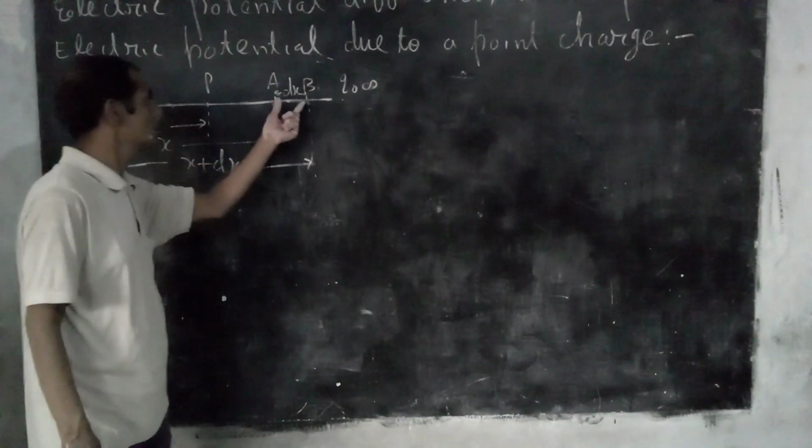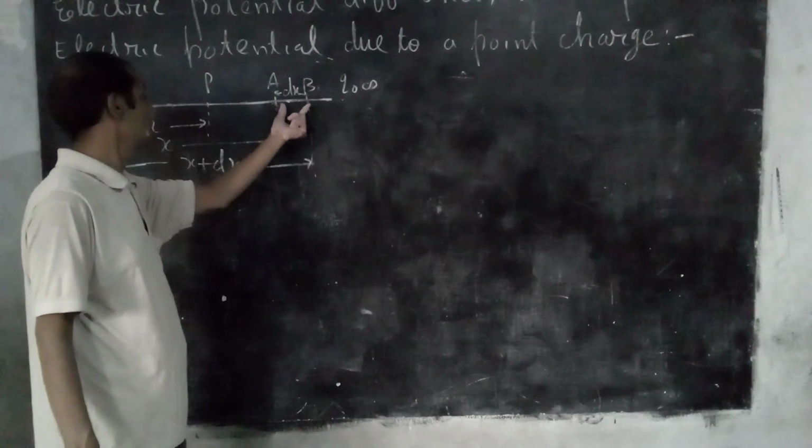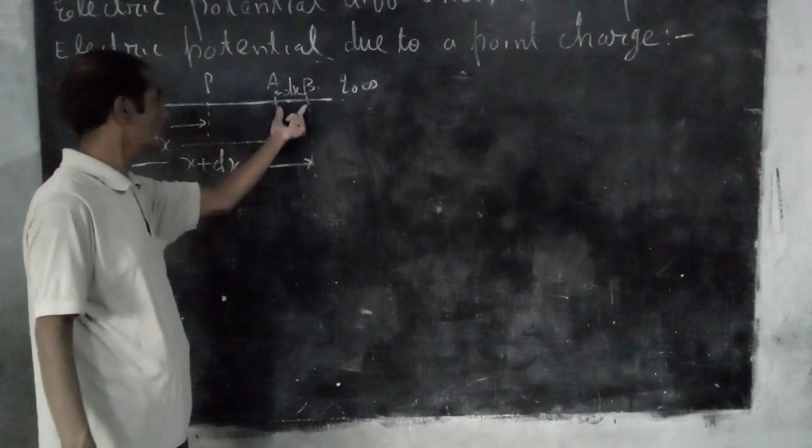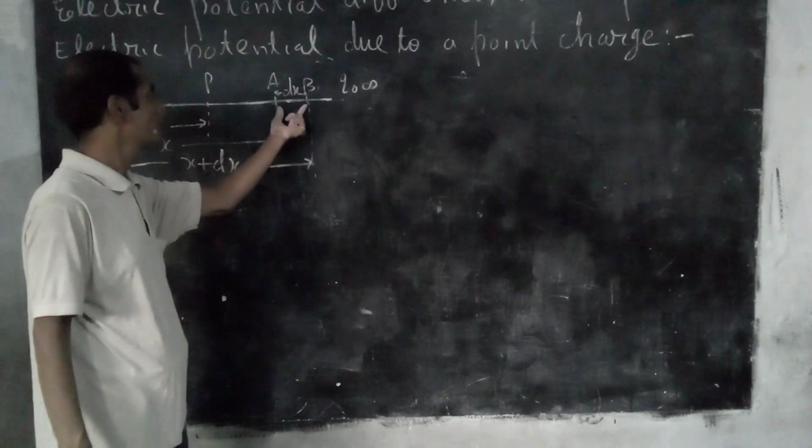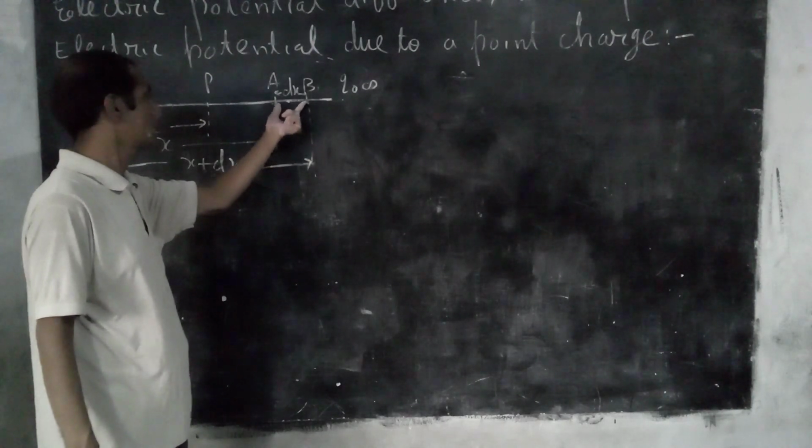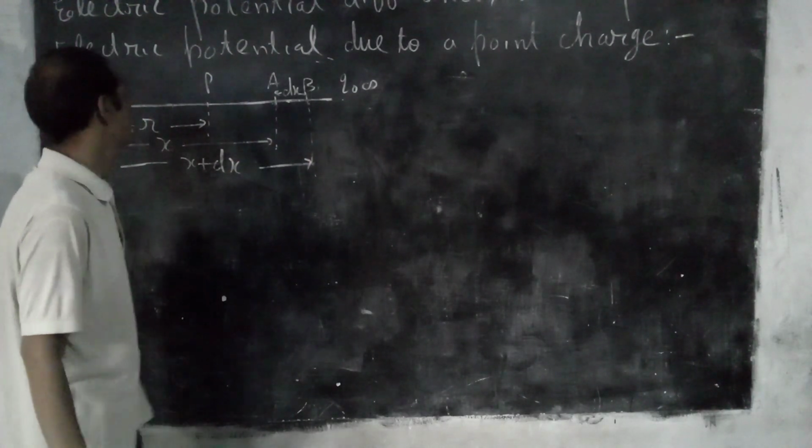But the distance is so small that we can take the force between AB as constant and equal to the electrostatic force at point A.